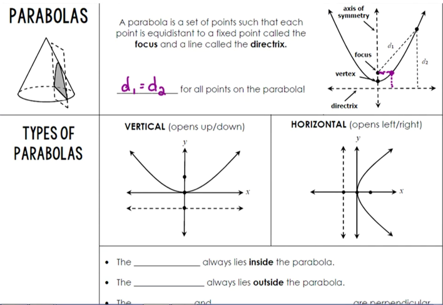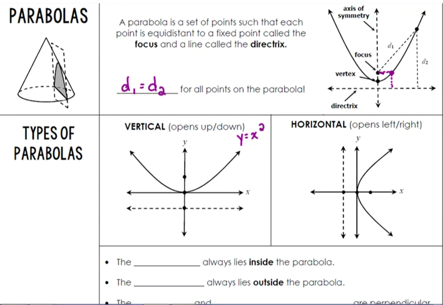Parabolas, you've been doing parabolas since, some of you, the 8th grade. The only ones that we've really dealt with are the vertical ones, but it is possible for a parabola to be horizontal as well. So we're used to this. If it's vertical, the general form of that would be y equals x squared, your basic normal parabola, right?